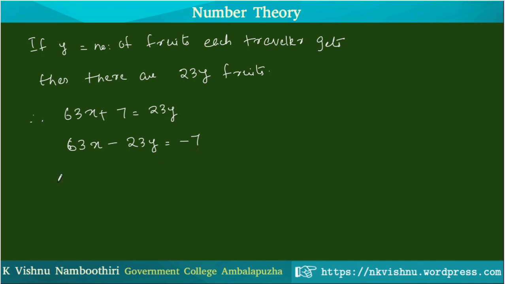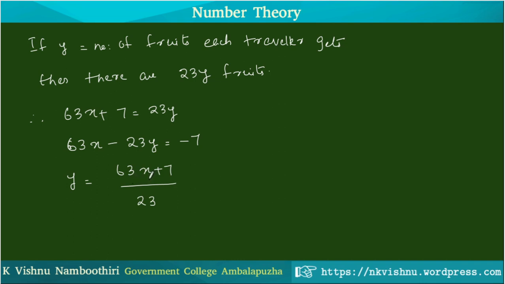If you want to find just one value, one way is to separate the variables into two different sides and write an expression like this. So if we take 63x plus 7 is equal to 23y, therefore y will be equal to 63x plus 7 by 23. Of course, we can solve this by trial and error by giving x equal to 1.